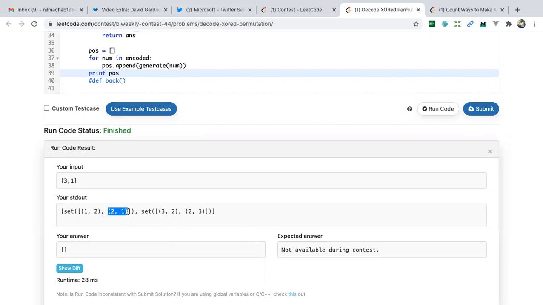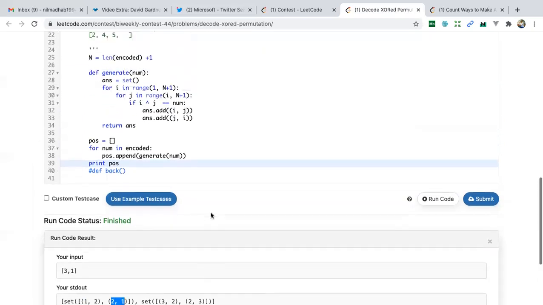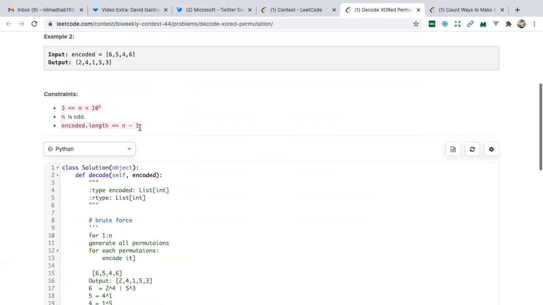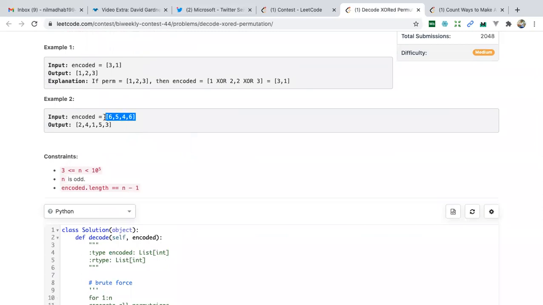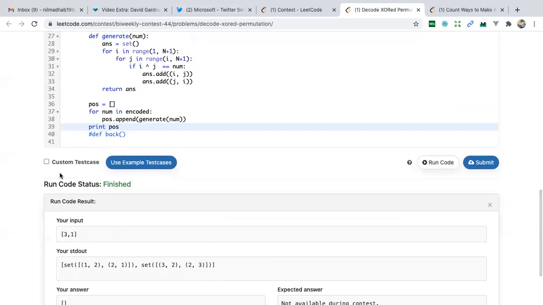Let's try with 2 1. We have 2 1, but there is no 1 after it, so we don't try it. Let's try with this example as well and see what possibilities we get.